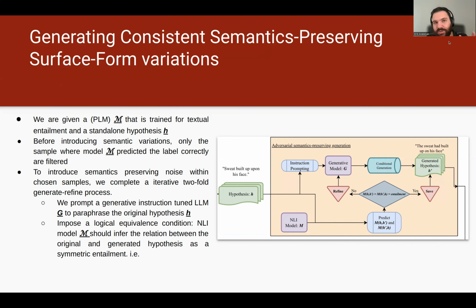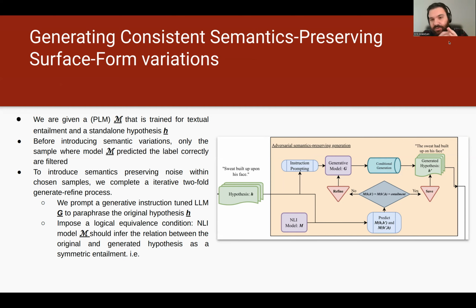We don't want to look into examples where the model was wrong, because if, for example, we create a variation of that and the model is still wrong, that doesn't really tell us much. That is why we want examples where we know the model was confidently right. Let's see if it remains confidently right. So that's why we sample only the correct set of answers that the model got initially.